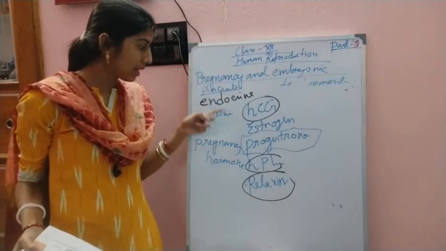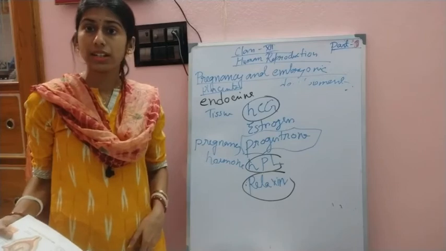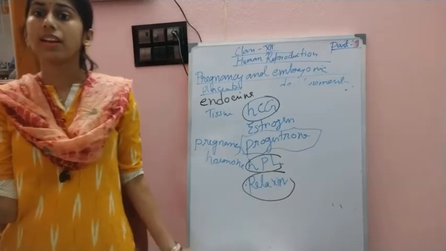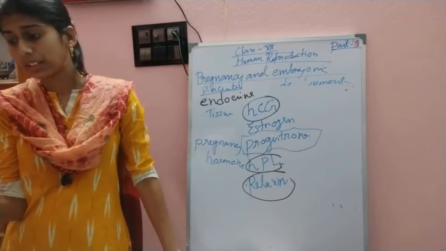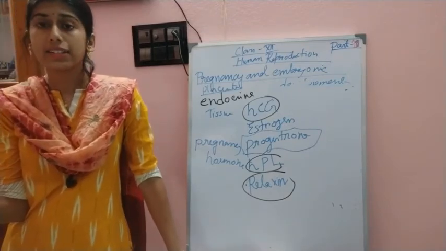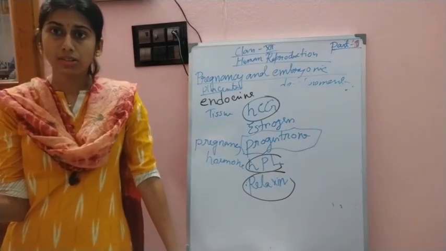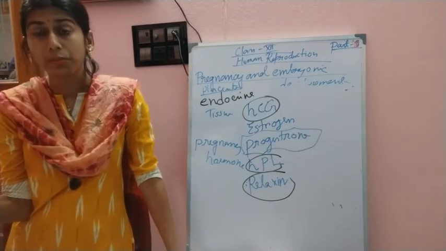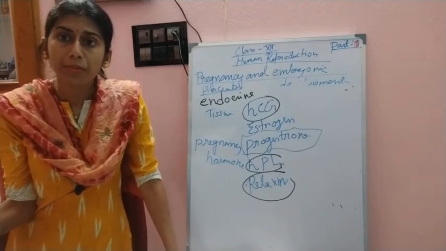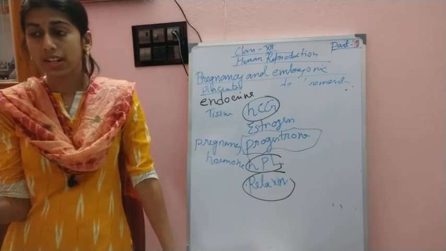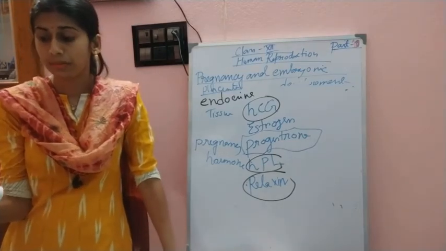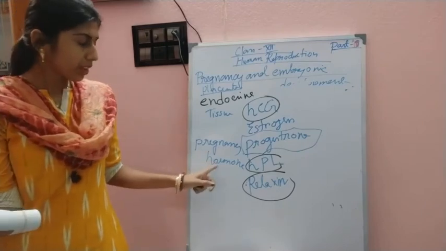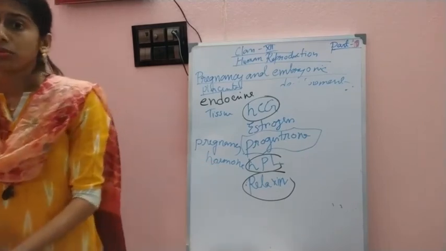I am repeating that HCG, HPL and relaxin are released only at the time of pregnancy, and estrogen, progesterone, cortisol, prolactin and thyroxine are increased several folds in maternal blood, because these are important for development of the embryo, proper maintenance, metabolic activities, and the changes occurring inside the female body.